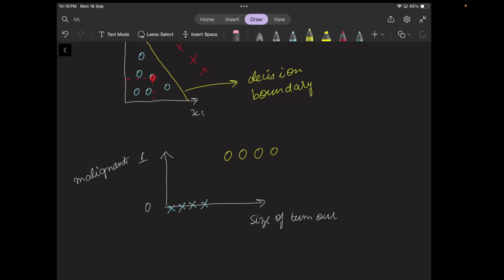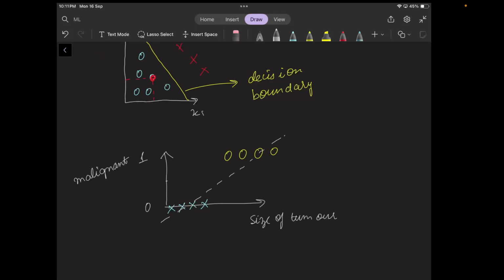So if we try to fit a linear regression curve here, the line could be something like this. Now you might think malignant is like cancerous, so let's say benign or malignant. Benign is not dangerous and malignant is dangerous.